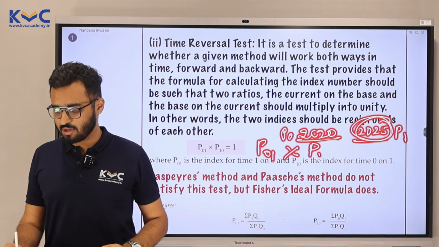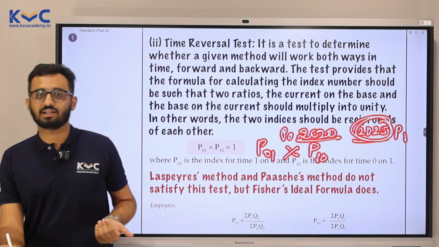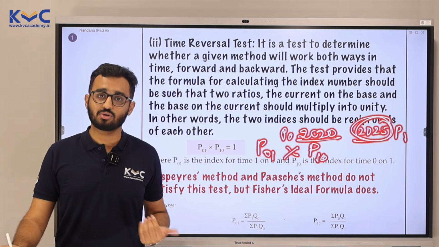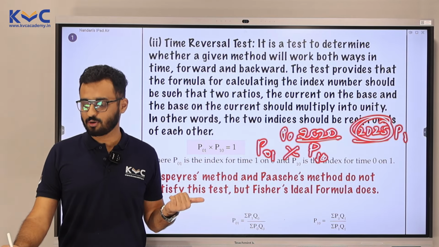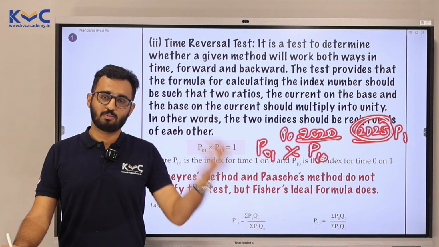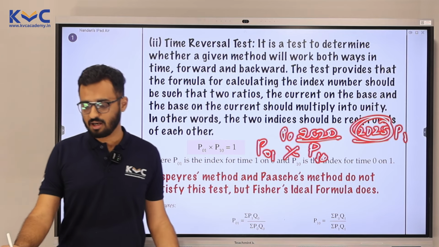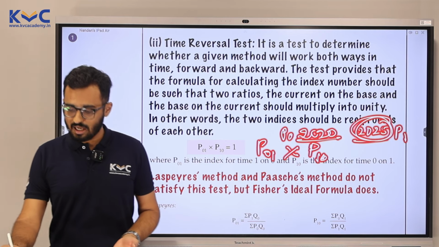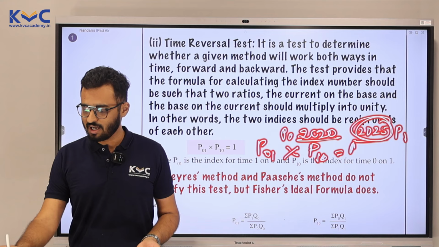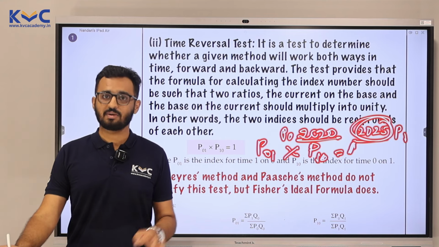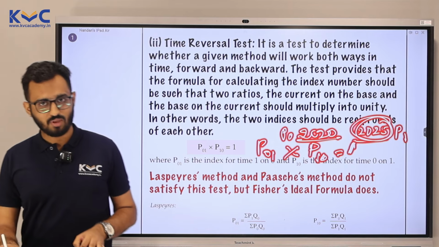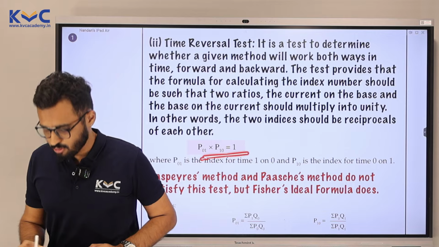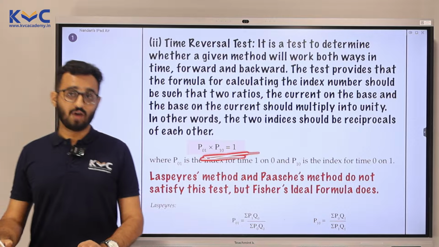That means what if you now back calculate the price index for 0 knowing the price index for 1. That means if you know 2025 is something and you back calculate for 2020, we call it P10. If the multiplication of this is 1, then we say such an index number fulfills the time reversal test. Understood? So P01 into P10 should be equal to 1.